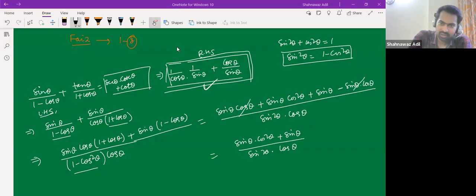So what should we do next? Should we take the reciprocal? Why are you always so inspired by that reciprocal? Okay, so how many terms are there in this part?